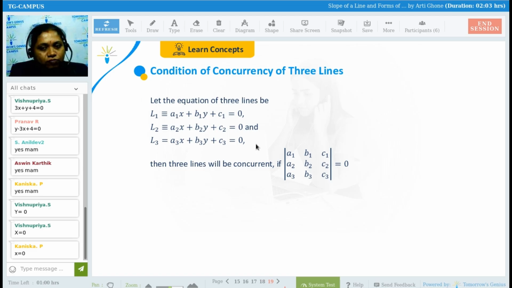Okay, so for the equations of three lines to be concurrent, if L1 is A1x plus B1y plus C1 is equal to 0, L2 is A2x plus B2y plus C2 is equal to 0, and L3 is A3x plus B3y plus C3 is equal to 0, then if this determinant is equal to 0, you will be able to say that these lines are concurrent. Clear? Concurrent means meeting one another. So the condition of concurrency of lines, is it clear? Okay. No issues.